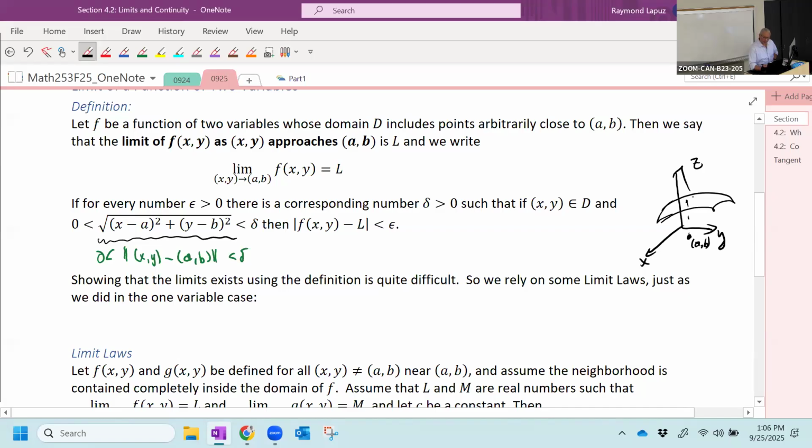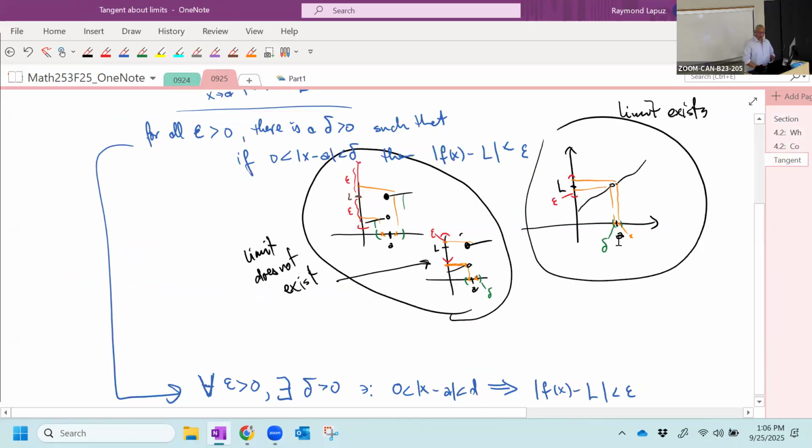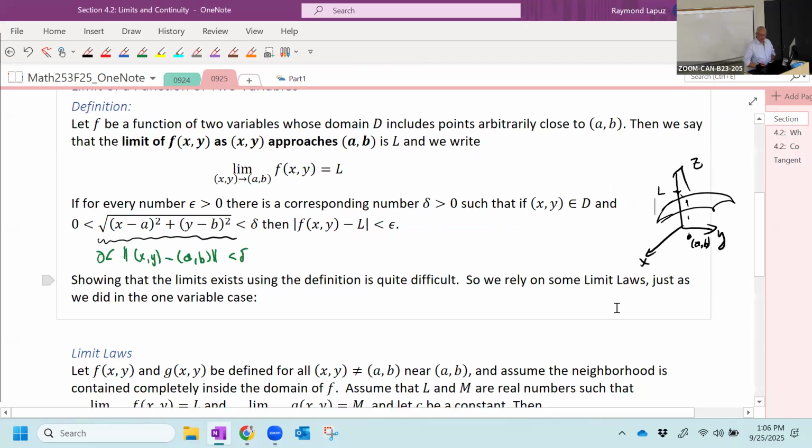So the surface has a matching potential limit. Kind of like this drawing over here, you have a, and then you have your limit that is based on the y value. So that's what's happening here.